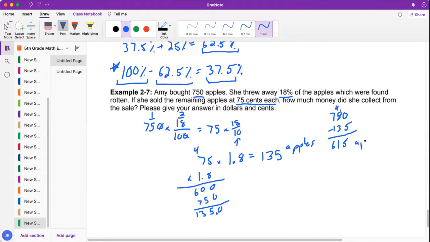And then she sold 615 times 75. Times 75 or times 75 cents? 75 cents. Okay. So times 0.75.